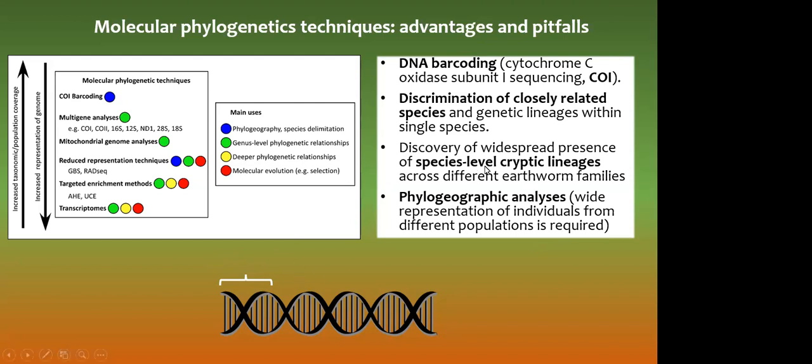It has also allowed us to discover species-level cryptic lineages across different earthworm families, and this phenomenon appeared to be widespread. And also, it has allowed us to perform phylogeographic analysis. Those phylogeographic analyses require a wide representation of individuals from different populations and across their whole range.